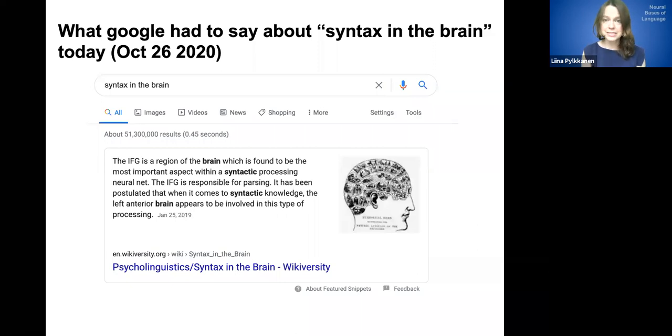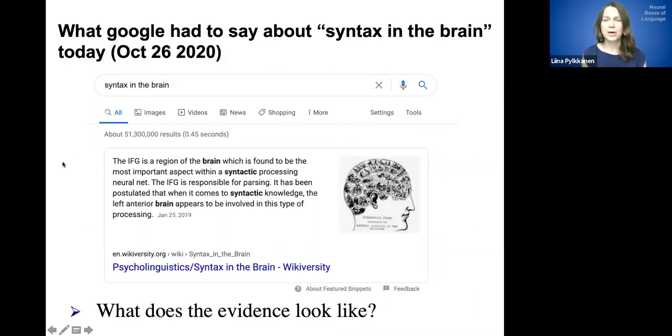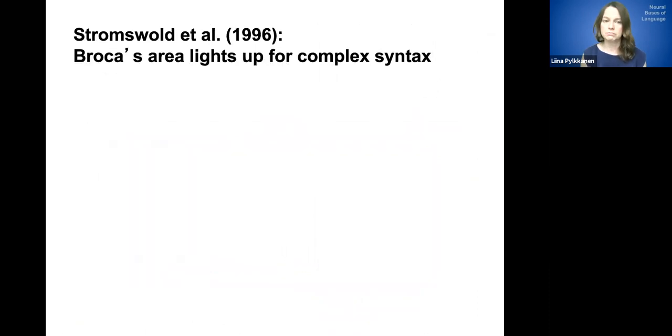So this hypothesis is prominent, and it's what you find out if you, as a layperson, try to get the answer to this question. So it's important for us to understand what the evidence for this hypothesis actually looks like.